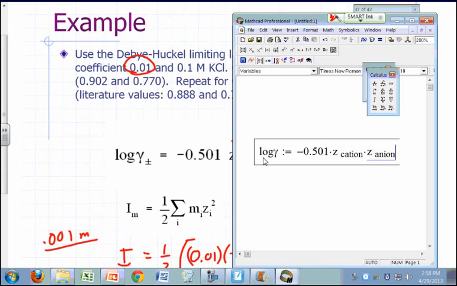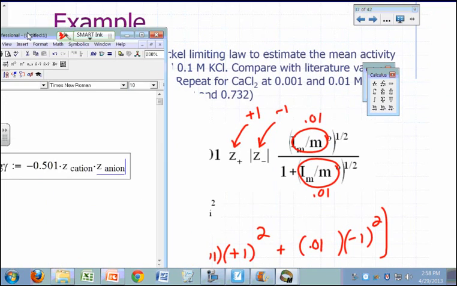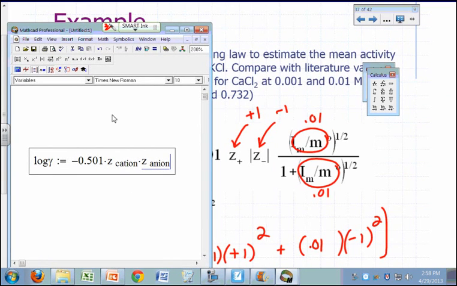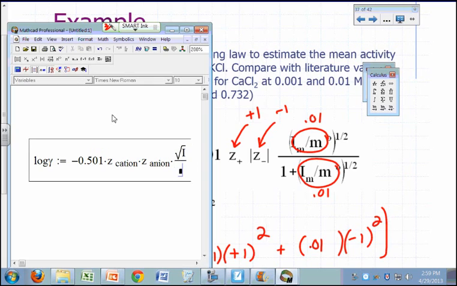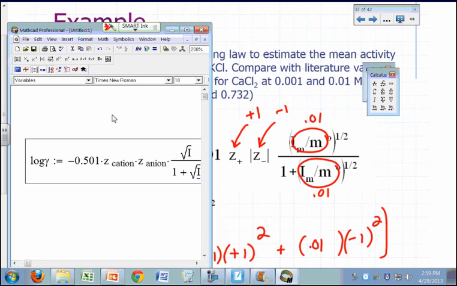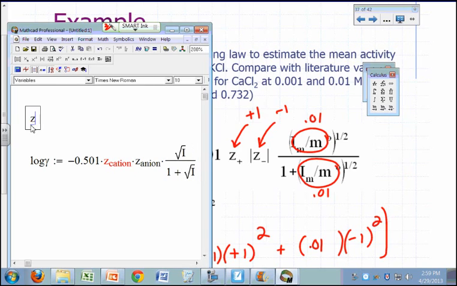I'm just going to use the absolute value there when I enter it later. Times the ionic strength raised to the power 1/2, so the square root of the ionic strength, over 1 plus the square root of the ionic strength. All right, so I have to define Z cation as +1. Z anion is 1, I'm just using the absolute value. And my ionic strength is 0.01.